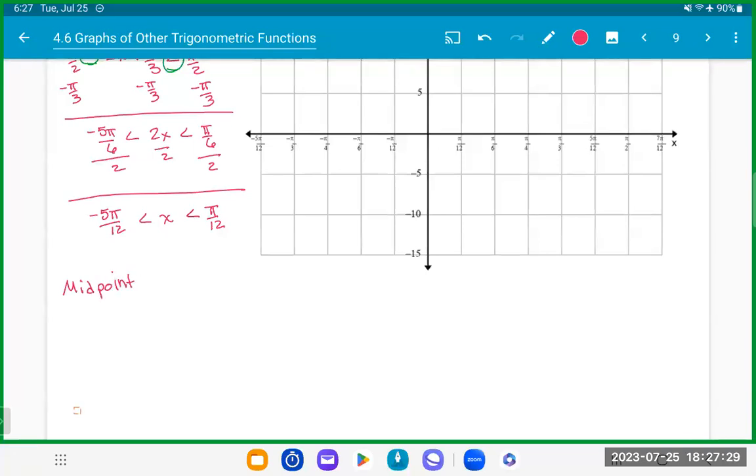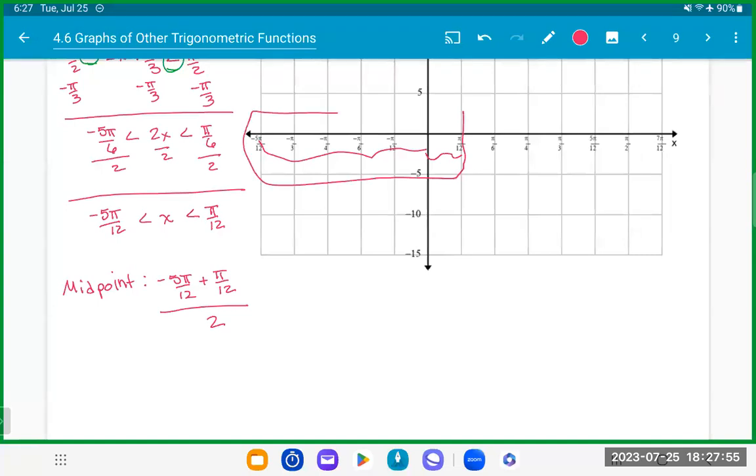So to calculate our midpoint, we take those two ends. We take this negative 5 pi over 12, add to it our pi over 12, and divide that by 2. So we're just trying to look for the average of these. So we have this space here, and then we have this much more.